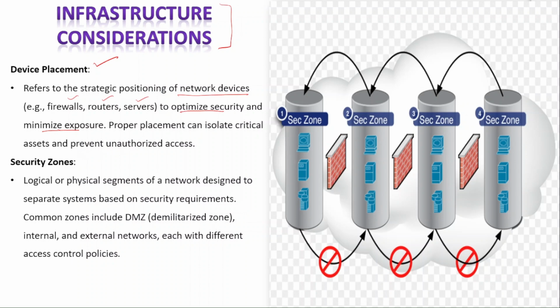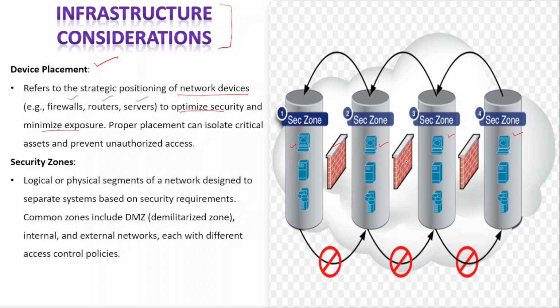As we can see in this diagram, for example, if we want the different groups of devices not to communicate with each other, we can place firewalls between them and block any communication between them.